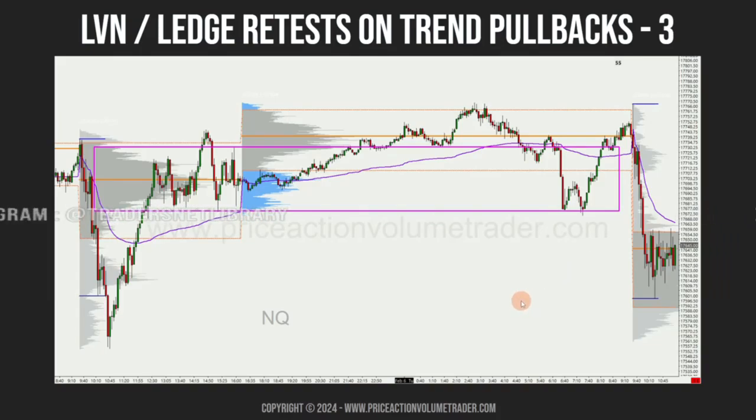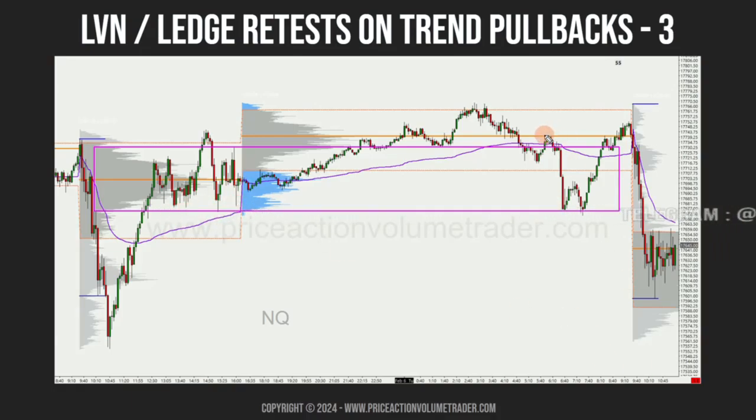This is another example on the NASDAQ market intraday, and in this one you can see we had regular trading hours. We left this really significant and clear high volume node where we found a lot of resistance, a lot of support towards the end of the session.